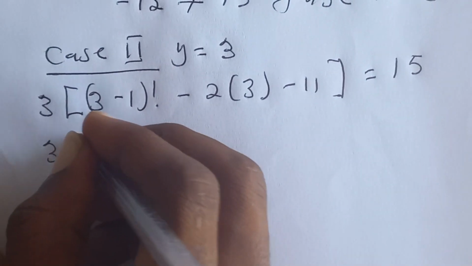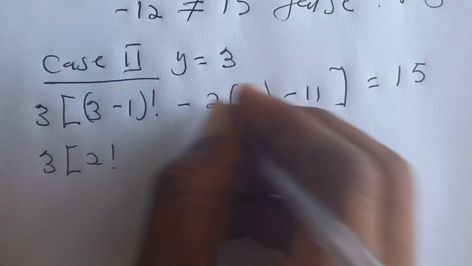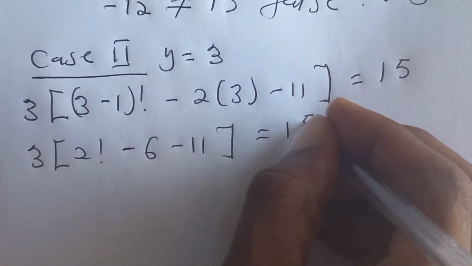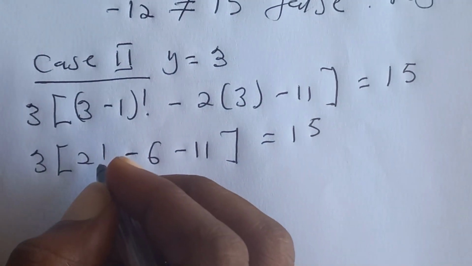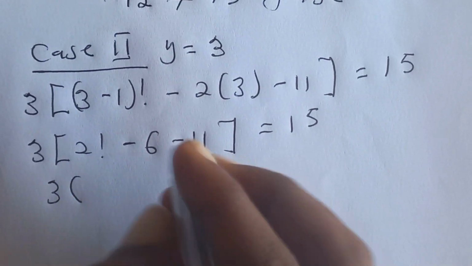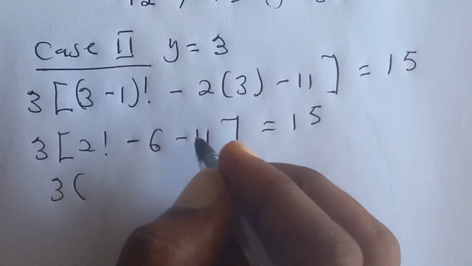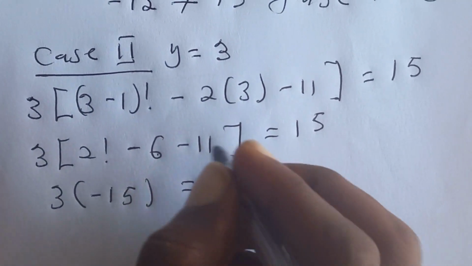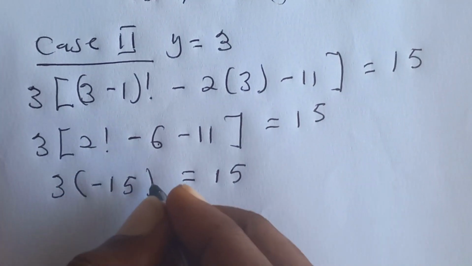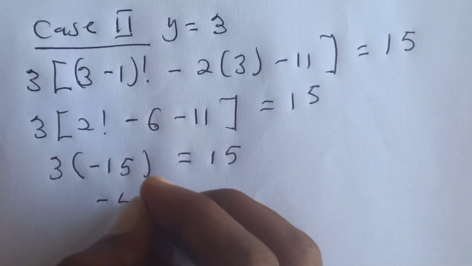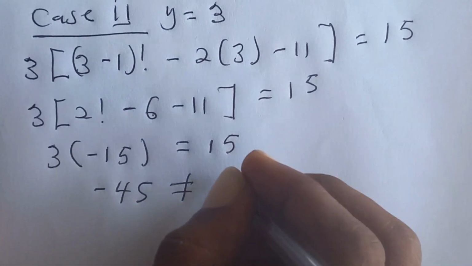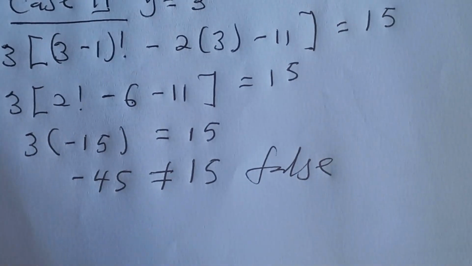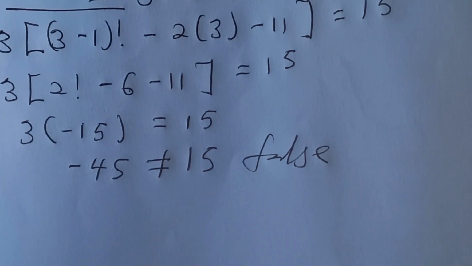So we have 3 times 2 factorial minus 6 minus 11. 2 factorial is 2, so we have 2 times 3... giving 4 minus 6 minus 11, which is equal to -15, and it should be equal to 15. It's not equal to 15. So this one too is false, so we reject it.